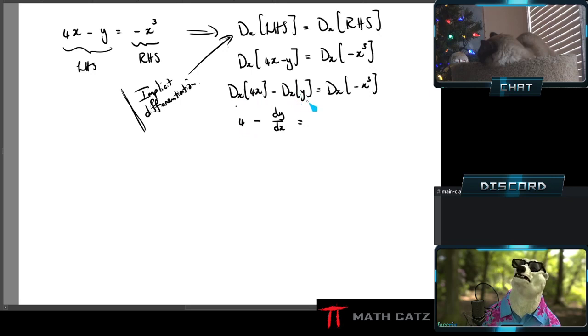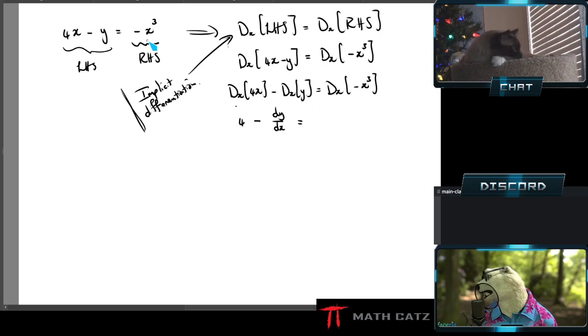Here I'm looking at the derivative of y, and at this stage, because I didn't solve for y, I technically don't know exactly what this y function is. I know it's a function, and this big D notation is just asking for the derivative. I don't exactly know what that is, which makes sense because I'm trying to find it. That's the thing I'm trying to find.